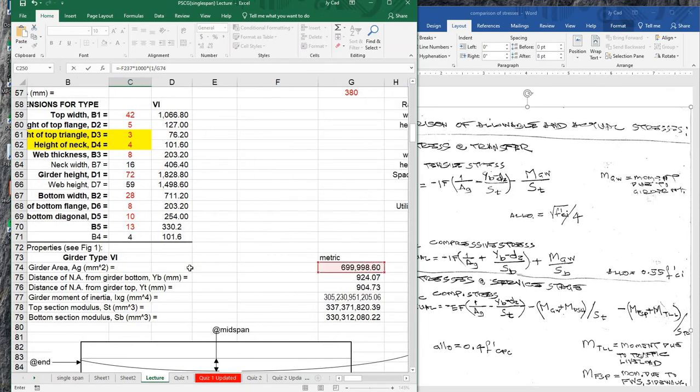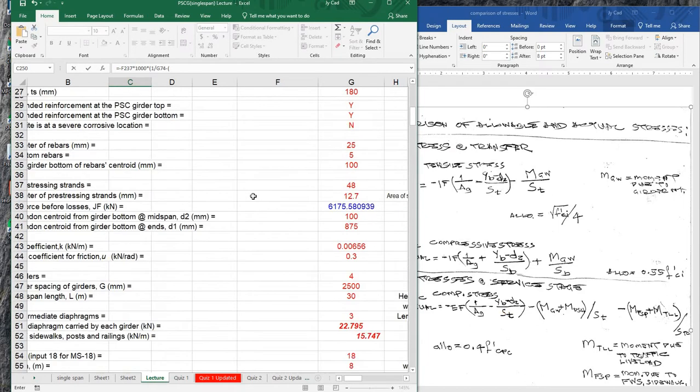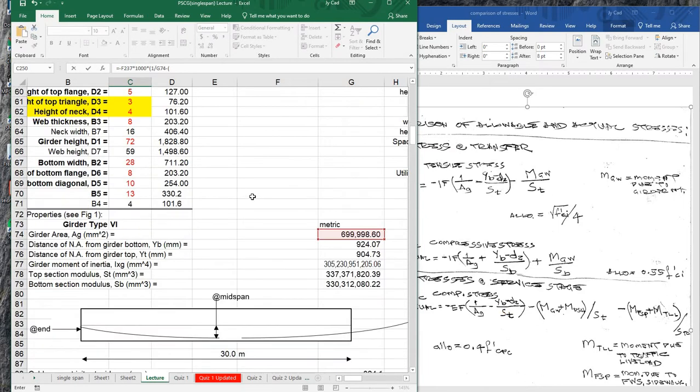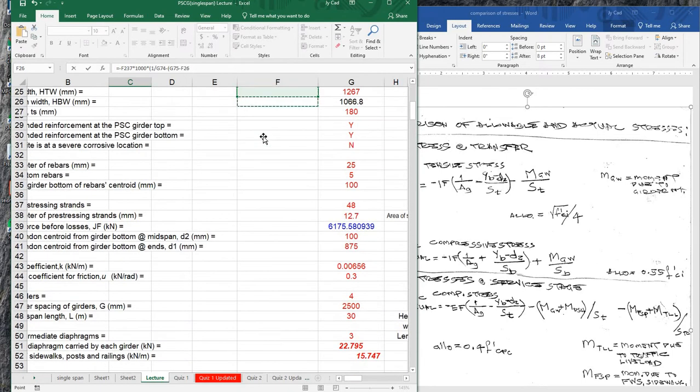minus, okay, this is minus, open parenthesis, YB minus D2. Where is YB? It is beside, or below, area gross. Minus D2. Here it is.